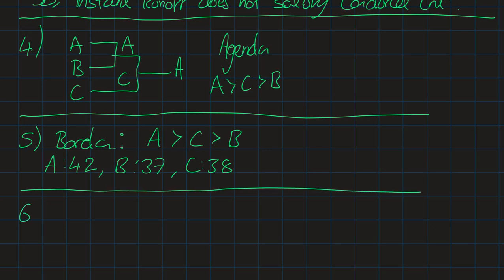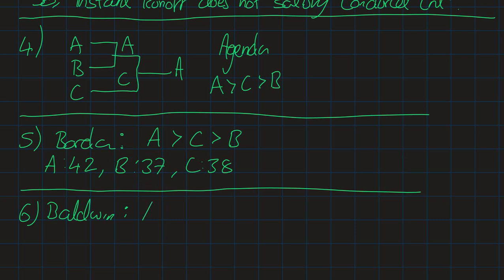And finally, under the Baldwin, okay, well, I'm not going to do all the work for you, but you know how to do this. Like, first of all, you take the Borda count and then you eliminate the alternative with the fewest points. So in this case, that's B. So you'd eliminate B and then recount.